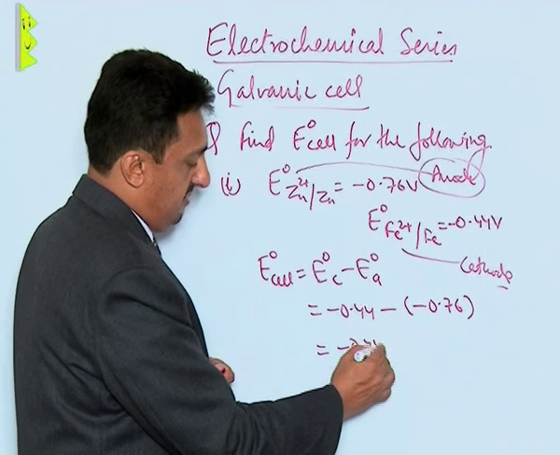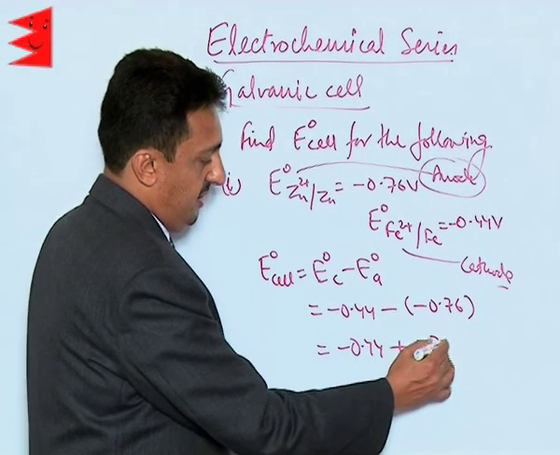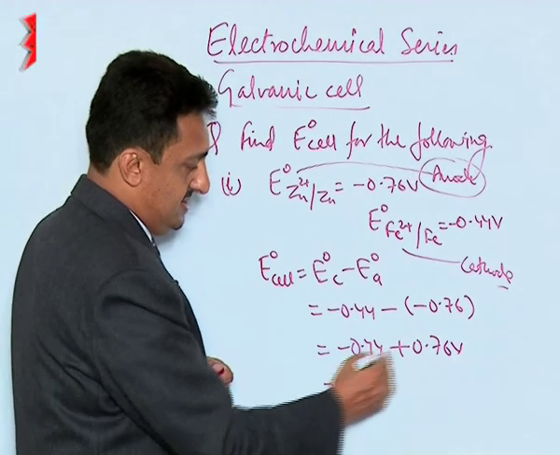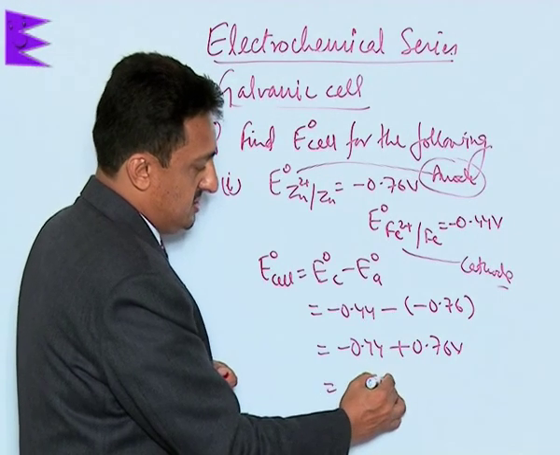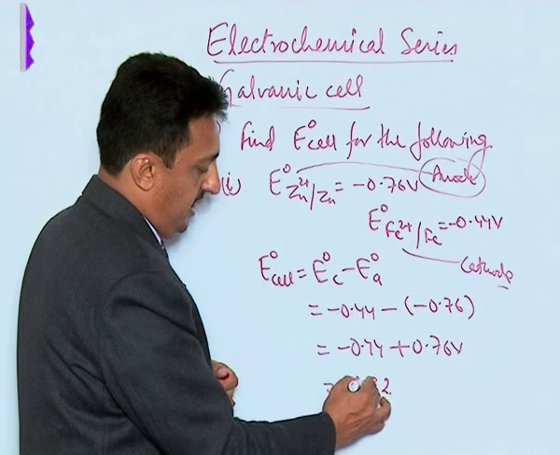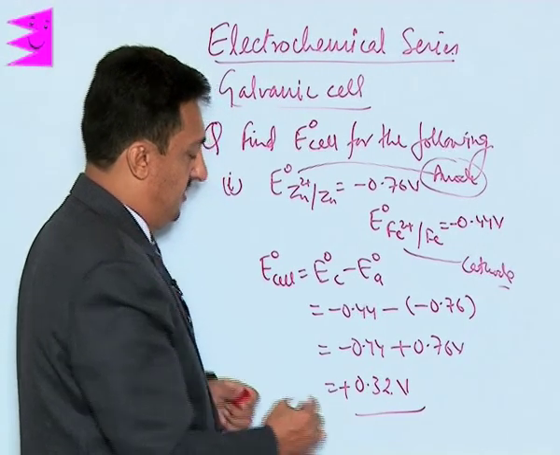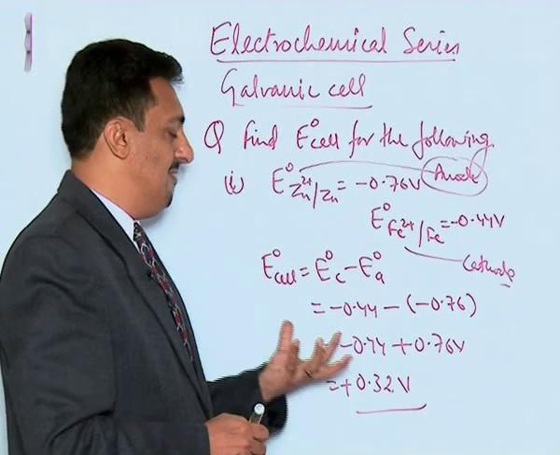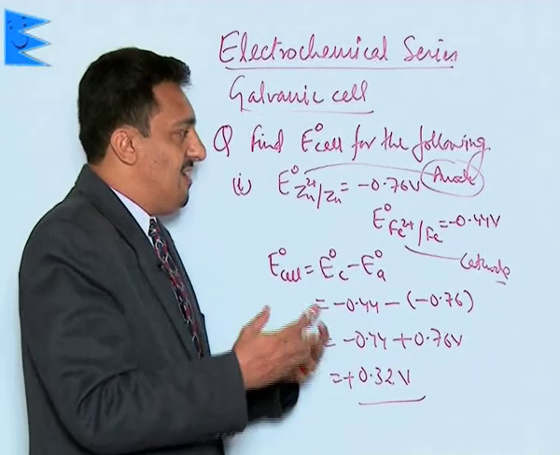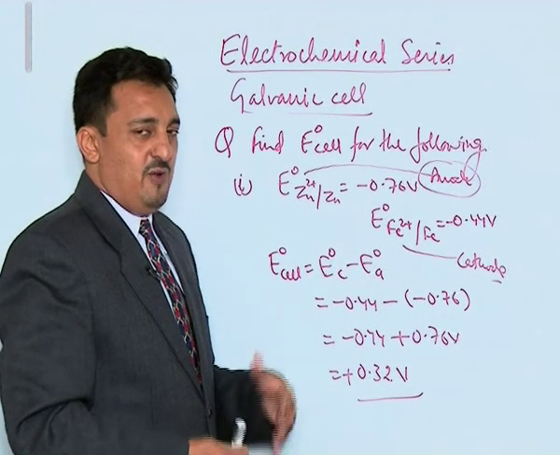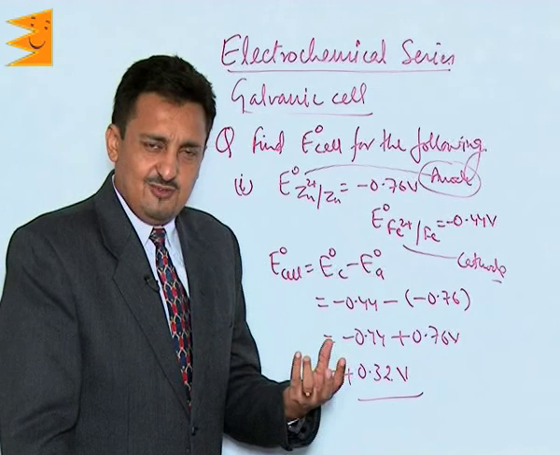So it will be minus 0.44 plus 0.76 volt, and this comes out to be 0.32 volt, which is a positive value. So the output of this cell will be 0.32 volt, and this is how we can use this formula for finding the E naught cell for any possible electrodes which we have got.